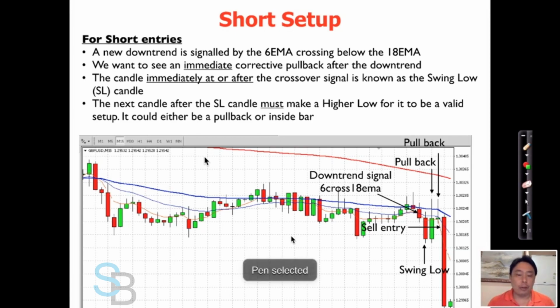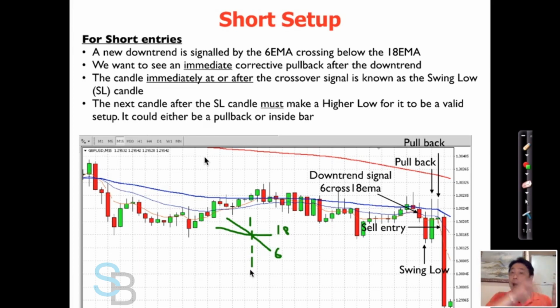So let me draw it for you. So again, imagine this is the 6 and the 18 EMA, right? So once you see that crossover, right at the cross or right after the cross, we want to see a swing low candle. So this would be the swing low candle. So again, what makes it a swing low?